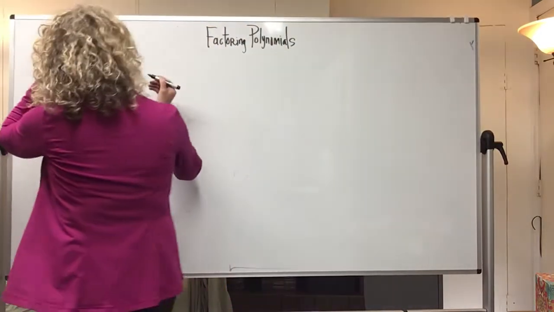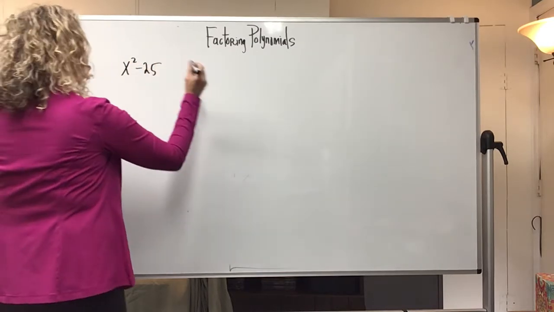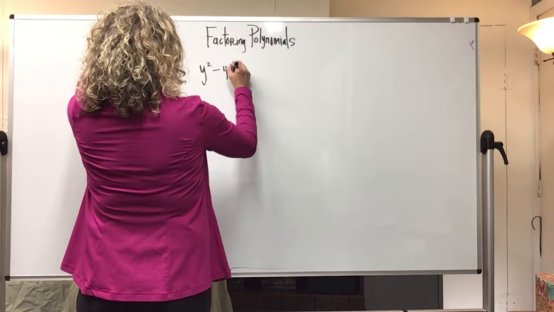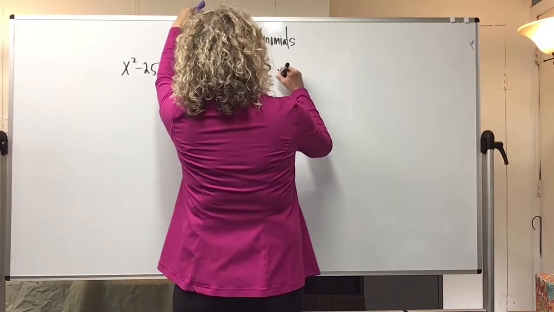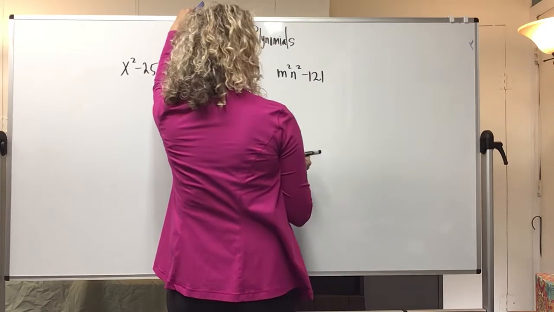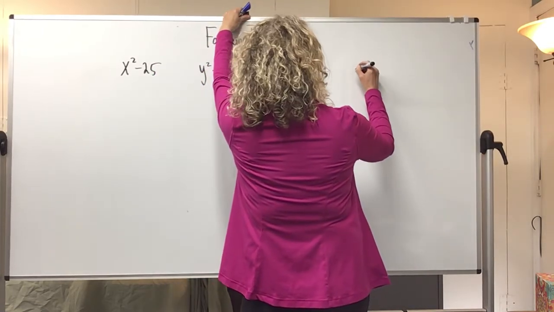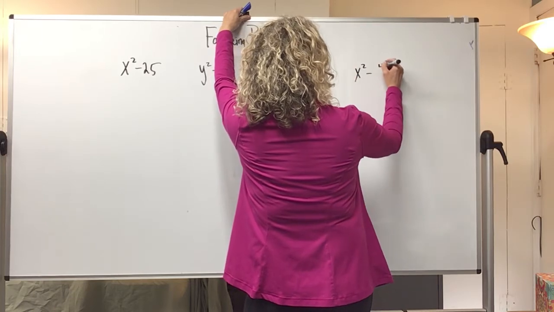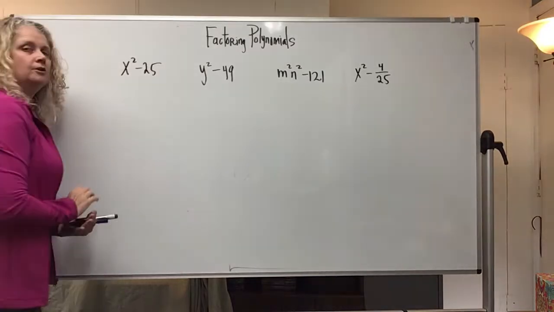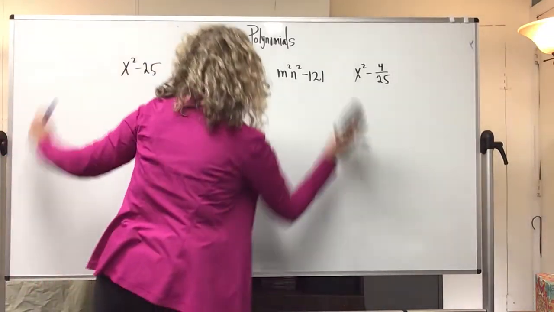So why don't we start with x squared minus 25, y squared minus 49, m squared n squared minus 121, and why don't we do, how about, I don't know, x squared minus 4 over 25. You know it's difference of squares. Let me erase this.